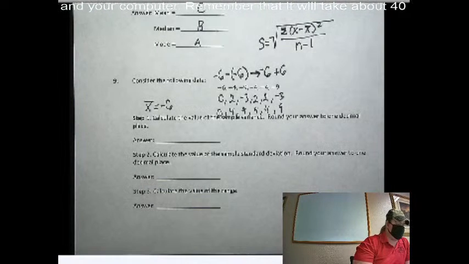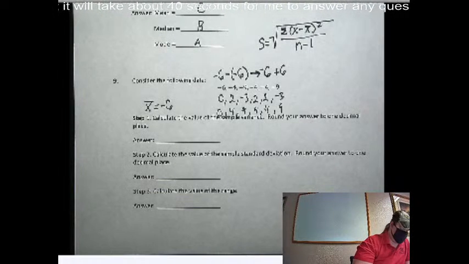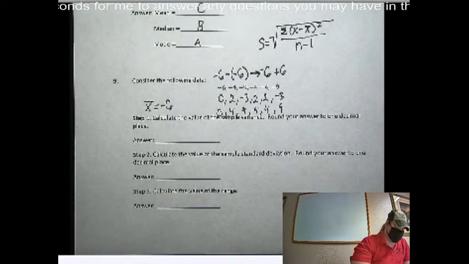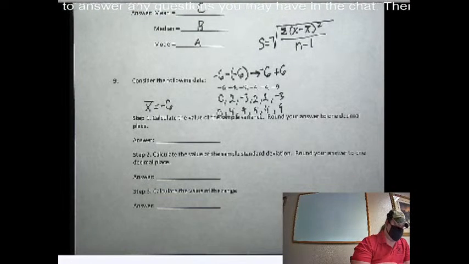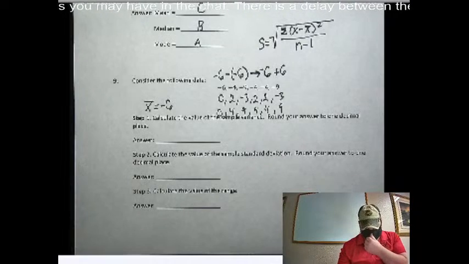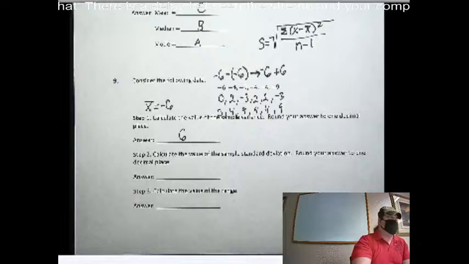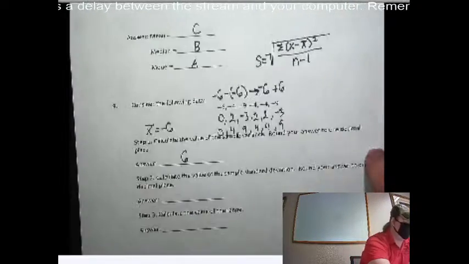Huh? 30. Yeah, I think I missed a number when I was putting this in. So 4 plus 9 plus 4 plus 4 plus 9. 30. Okay. Divide by 5, we get 6. Okay, so 6 is our variance.